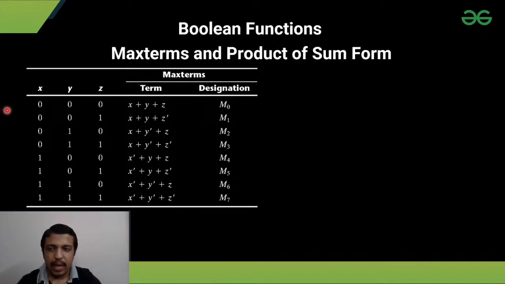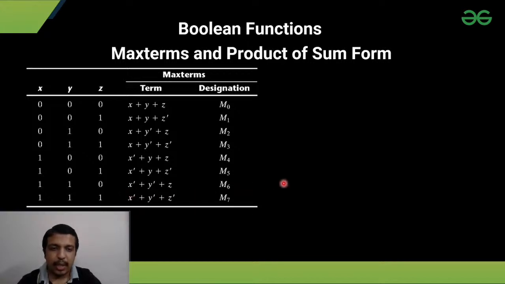And suppose if we had 4 variables, then we would have capital M0 to capital M15, that is 16 max terms. So for all zeros we have x plus y plus z, and where all the literals are 1, we have all the variables complemented.